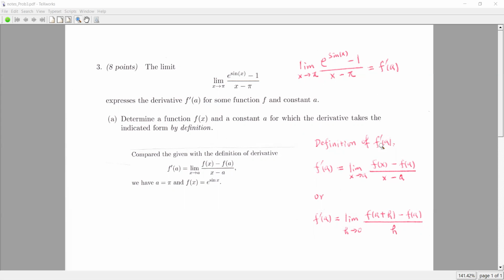Comparing these two limits, I can see that a is pi, and function f is e to the psi of x. Therefore, the answer to part A is this. A is pi. Function f is e to the psi of x.